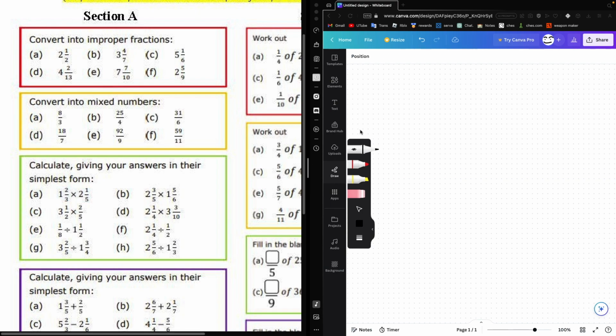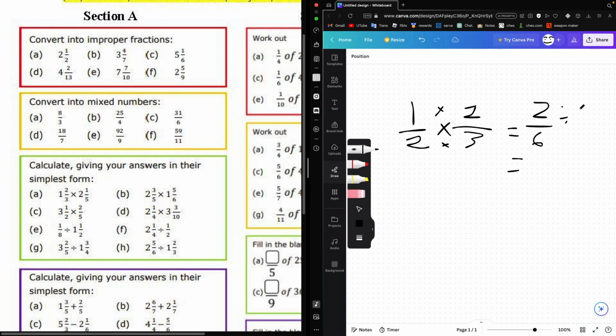If you don't know how to multiply fractions yet, this is a very basic tutorial. Let's say 1 over 2 times 2 over 3. You take the numerators times each other and the denominators times each other. 1 times 2, 2. 2 times 3, 6, which also equals, divide by 2, 1 over 3.